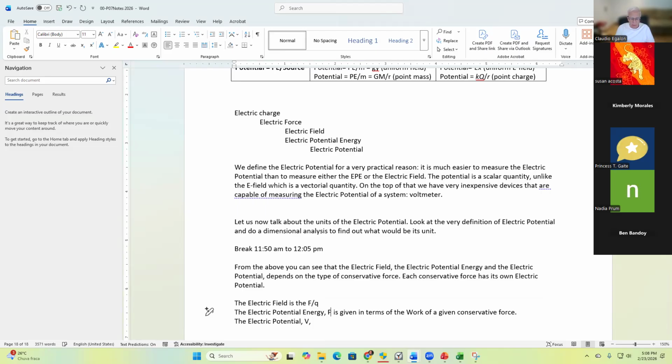The electric potential energy, I'm going to abbreviate with the U, and the electric potential is just the potential energy divided by the test charge, where q is the test charge. Here too, q is the test charge.